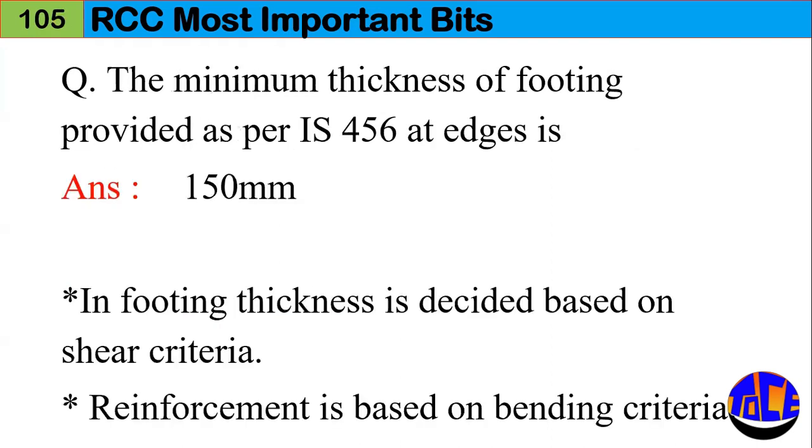Question number 105. The minimum thickness of footing provided as per IS 456 at edges is 150 mm. So at edges, 150 mm is the minimum thickness of footing that needs to be provided as per IS 456. And in footing, the thickness is decided based on the shear criteria.